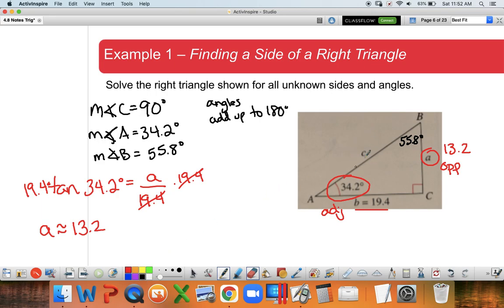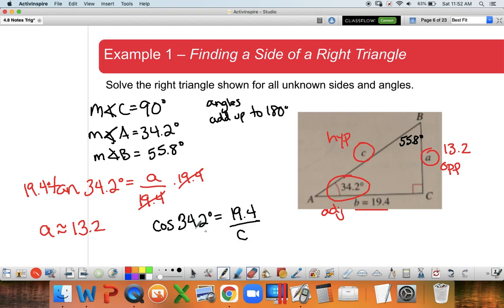So when we're trying to figure out c, I'm going to go back to using SOHCAHTOA, using the 34.2 degrees and the 19.4. But now I want to figure out my hypotenuse. So I need to ask, what trig identity uses adjacent and hypotenuse? That's cosine. So the cosine of 34.2 degrees is equal to 19.4 over c.